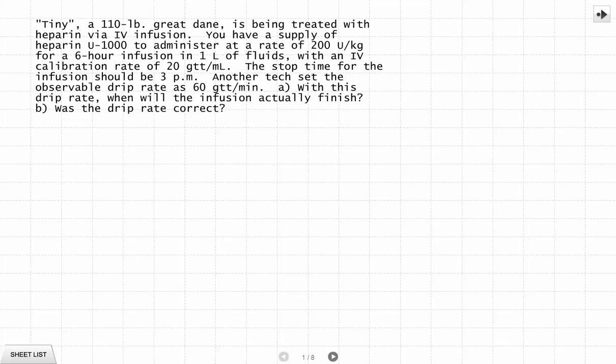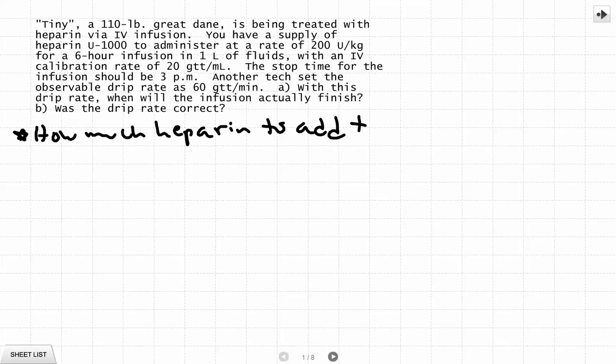So we have a lot going on here. The first thing we need to figure out is how much heparin to add to the 1 liter of fluids. Because we want the total volume, right?